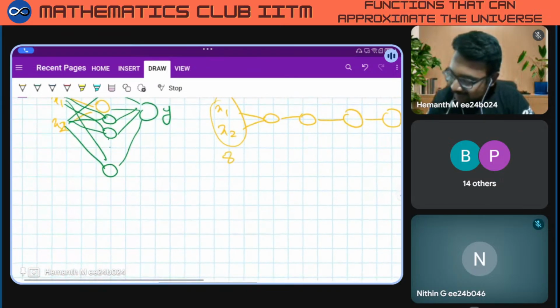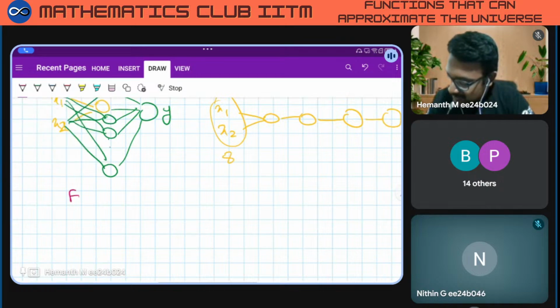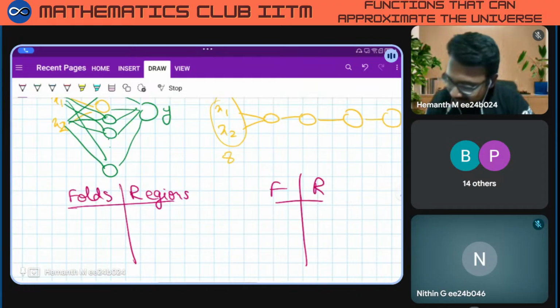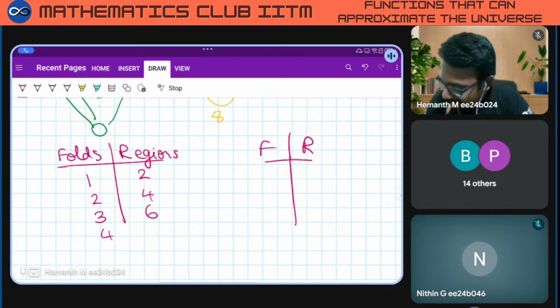If you try to make a table of this, folds versus regions, for both of these. In the first case, after my first fold, I had two regions. After the second fold, I had four regions. After the third fold, there were six regions, then eight, and so on.